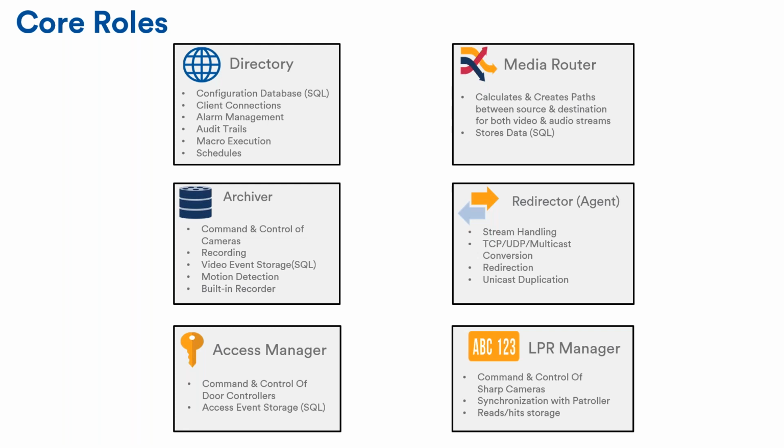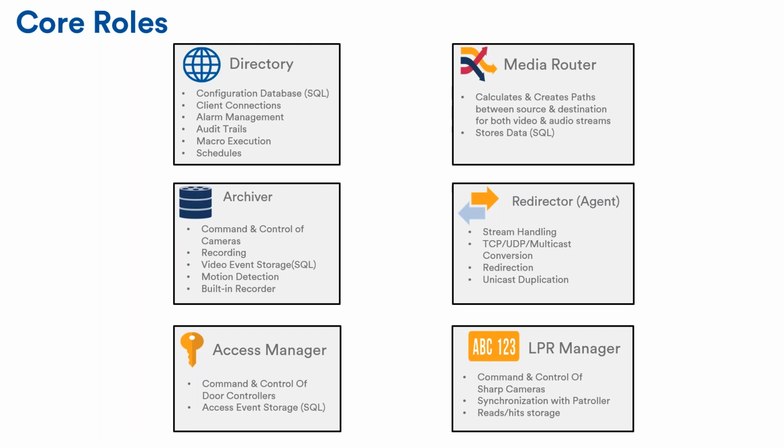The media router role basically establishes streaming sessions between the stream source, which could be the camera or the archiver, and the device that is requesting it, which is obviously the client. Routing decisions are based on the location and the transmission capabilities of all parties involved. Basically, the media router ensures that all video streams use the best route to get to the destination.